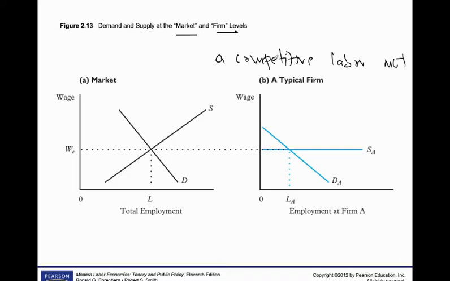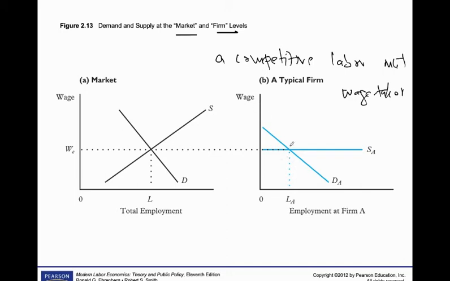In a competitive labor market, firms will be a wage taker. So note the term wage taker. In a competitive product market, we have the term price taker for the firm. But in this case, we have the term wage taker.